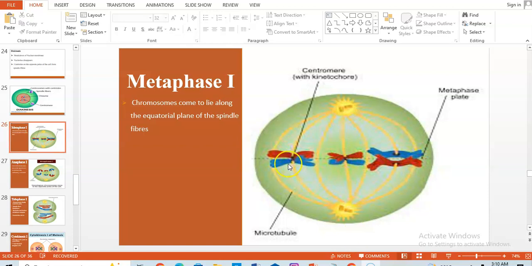The homologous pairs of chromosomes, each of them already bivalent, come to line along the equatorial plane of the spindle fibers. You can see them lying along the equatorial plane. That's what happens at metaphase 1.